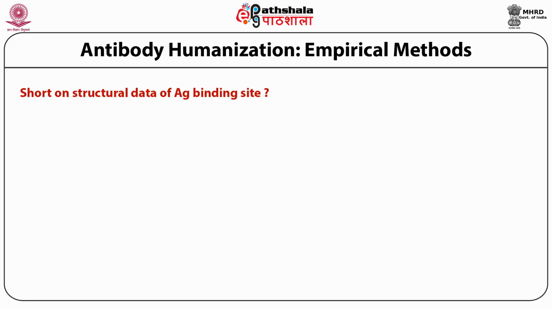So if we do not have clear-cut information about the paratope of an antibody, there are methods which do not look at the structural details, and they involve an empirical strategy for the selection or humanization of an antibody. Let us have a look at a few popular methods. The one is the FR library approach, the framework region library approach.